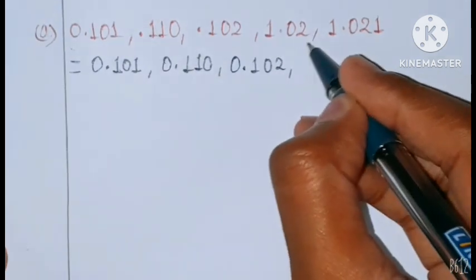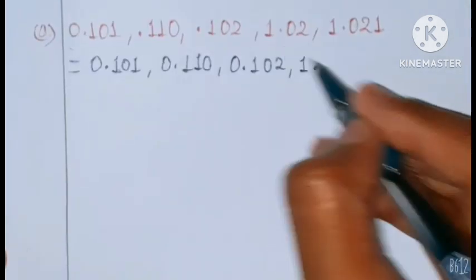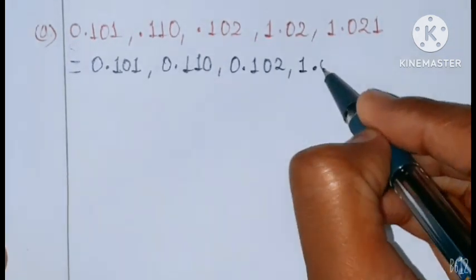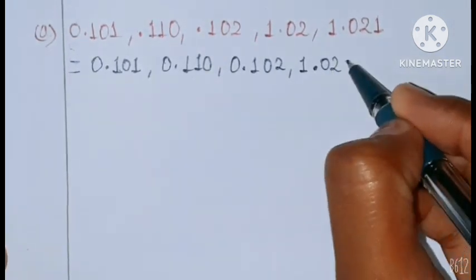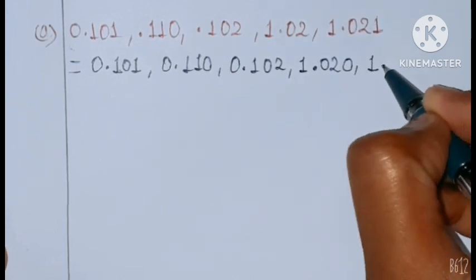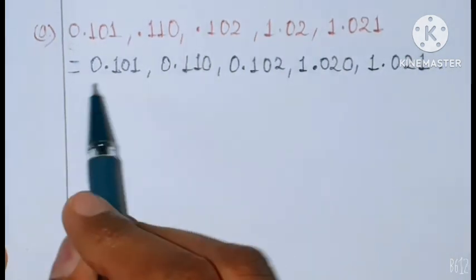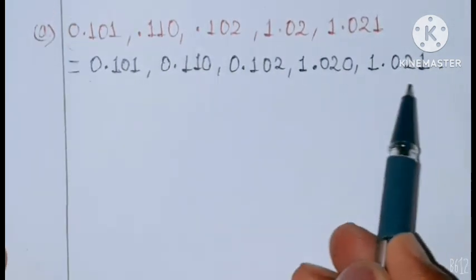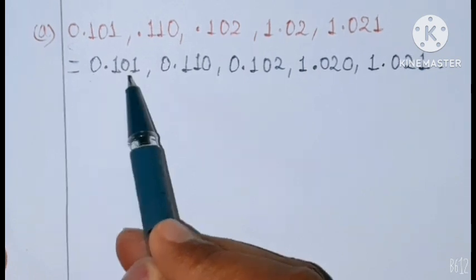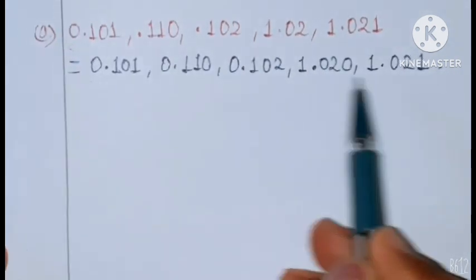And here, 1 point 1 decimal and 0 2, so it is only 2 digits, so we will write 1 0 here, and then the last number is 1.021. So we have changed all the numbers into like decimals. Before the decimal only 1 digit is given, and after the decimal 3 digits are given in all the numbers.